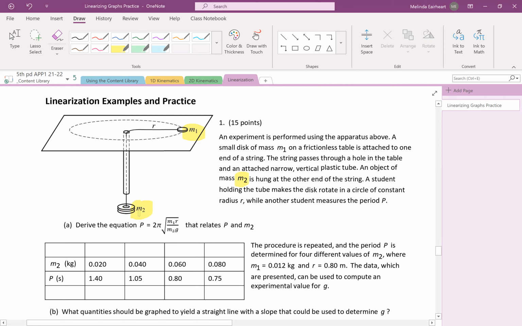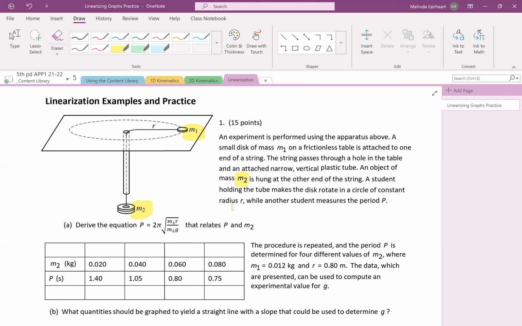I only emphasize M1 and M2 because one's going to be constant, one's going to be changing. That's what you need to know in procedure: what variables are constant, what variables are changing. A student holding the tube makes the disc rotate in a constant circle, radius r, while another student measures the period, p. It later tells us that the unit is seconds, so just for today, you know this is a time.